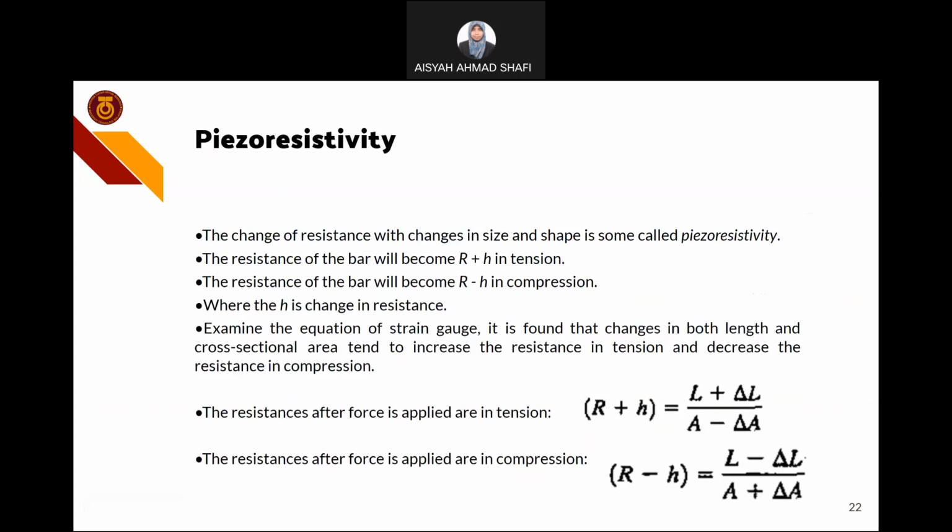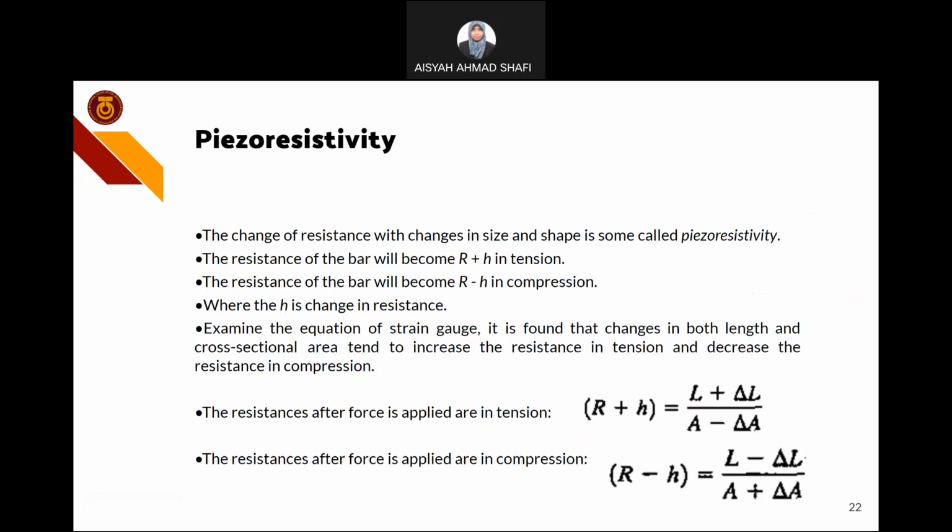So piezoresistivity is the change of resistance with changes in size and shape. This means in tension the resistance will become R plus H, but in compression it becomes R minus H, where H is the change in resistance.